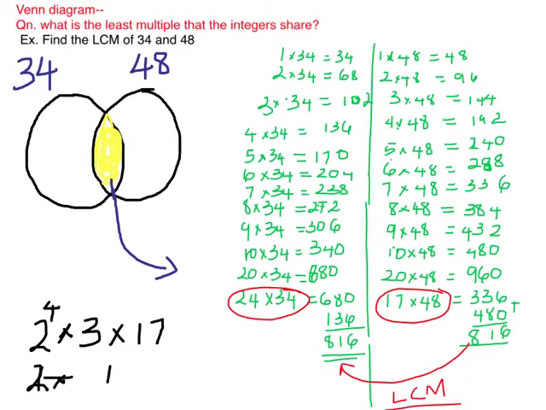So it's going to be 16 times 3 times 17. 16 times 3 is 48, isn't it? Because 3 times 6 is 18, that's 8, carry 1. And then 3 times 10 is 30, plus 10, which is 40. So it's 48 times 17, which is the same as that. So yes, the LCM, the least common multiple, is 816.